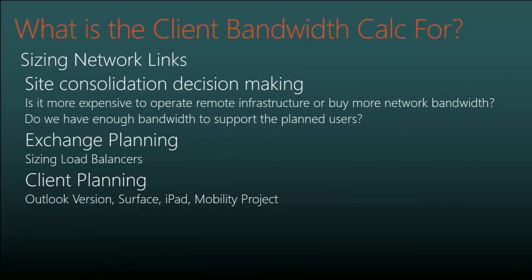If you're going to increase the number of devices, many of my customers are now operating three devices: their Outlook desktop client, some form of mobile phone, and some form of tablet as well. Some just have a desktop, but there are many customers and many places now where having a broad range of mobile devices is important, and clearly a lot of these are connected over the internet. So being able to understand the requirements on the network is really important to understand how to progress with those kinds of programs.